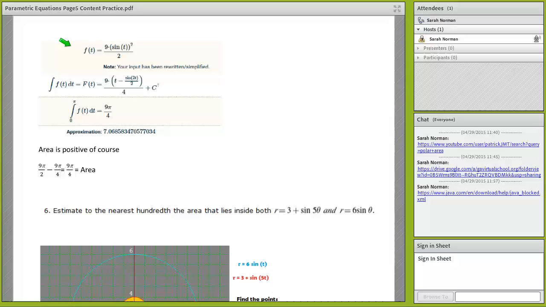In case you missed it on the first one, I used the formula for the area of a polar curve, which is the integral of 1/2 r squared d theta.